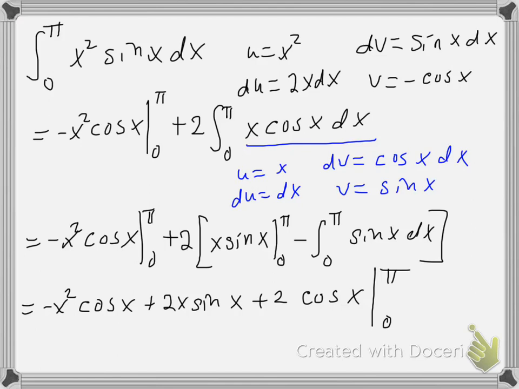Okay, now let's evaluate each piece step by step. Let me just rewrite the antiderivative that we found on the previous slide again here. So we have negative x squared cosine of x, plus 2x sine of x, plus 2 cosine x from 0 to pi.